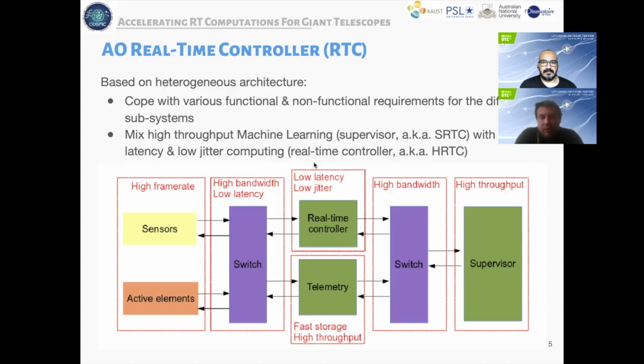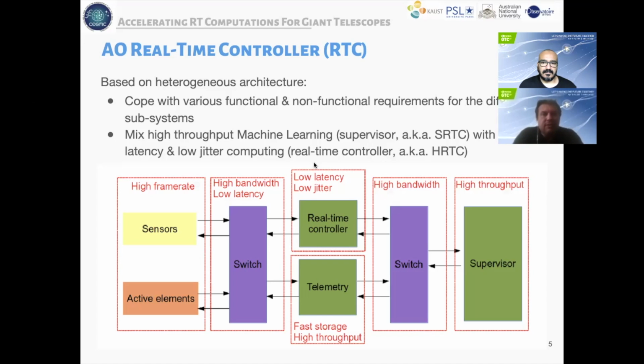And we have several components: the real-time controller, which will be the main topic for the first part of this presentation, and the supervisor on the far right, which will be the topic for the second part of this presentation. The real-time controller is really a system that is based on low latency, low jitter computing. Today, it's mostly linear algebra. And we have these very strong constraints on real time. We usually call this hard real-time controller.